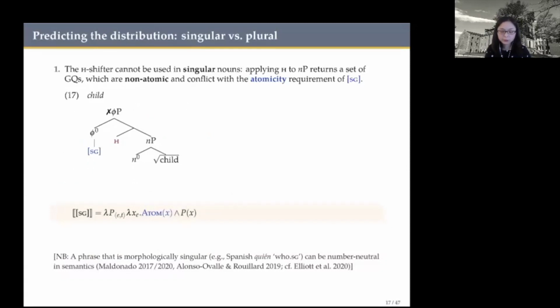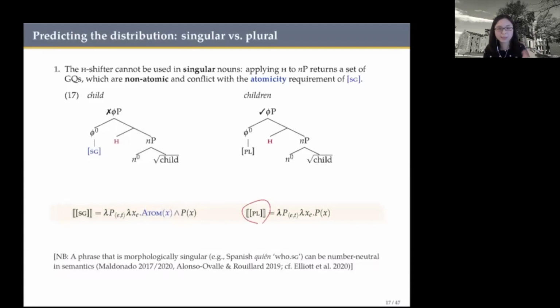Applying edge to small np returns a set of generous quantifiers which are non-atomic and conflict with the atomicity requirement of the singular feature. Well, for the plural noun, the plural feature is semantically vacuous, where if you want to pursue exclusive story, it just says let's root out all the atomic elements. And so it doesn't matter, we can still apply edge shifter without getting into any trouble.